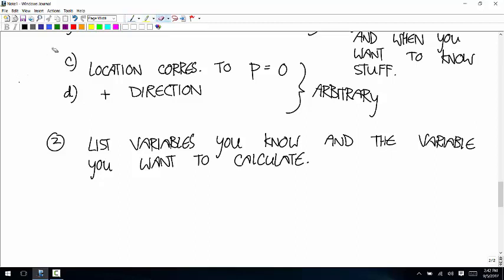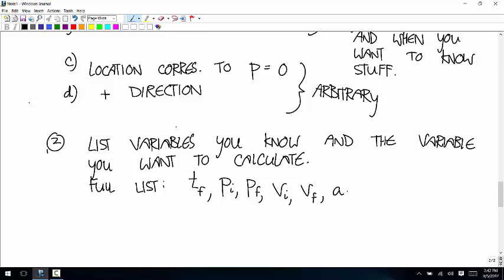The full list of possibilities is time final, P initial and P final, V initial and V final, and then acceleration. You can just go through this list one by one and think, am I given the value of this variable? And if not, am I asked for it? Or would I be okay never knowing it?